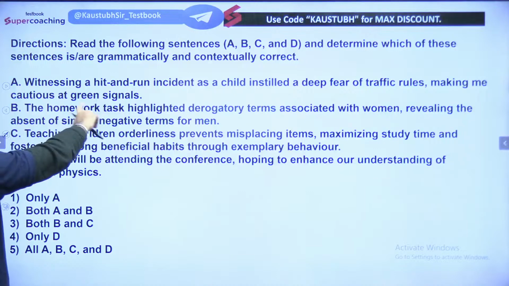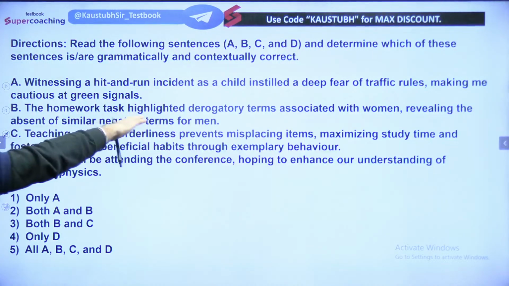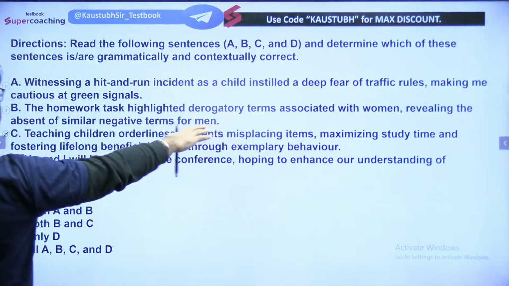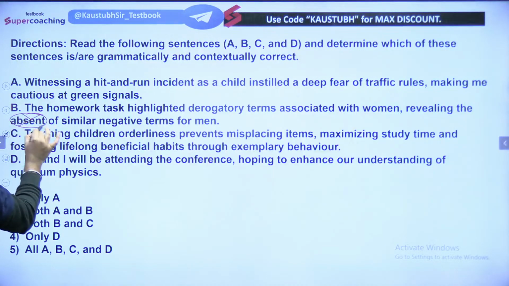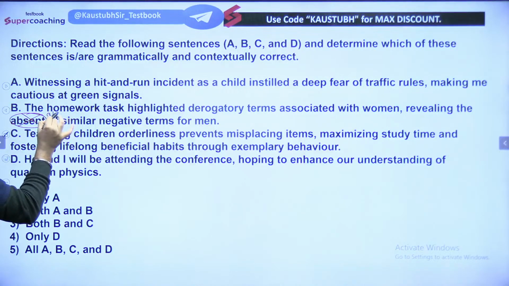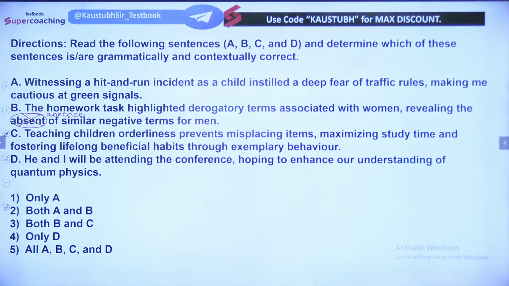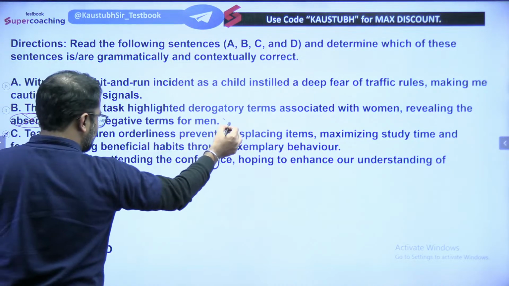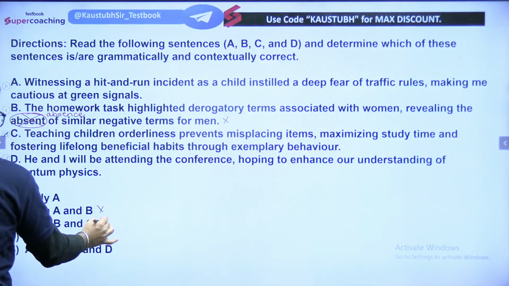The homework task highlighted derogatory terms associated with women, revealing the absence. The should be followed by a noun. Absence of similar negative terms for men, right? So definitely there is an error in sentence number B. So B cannot be the part of our answer.